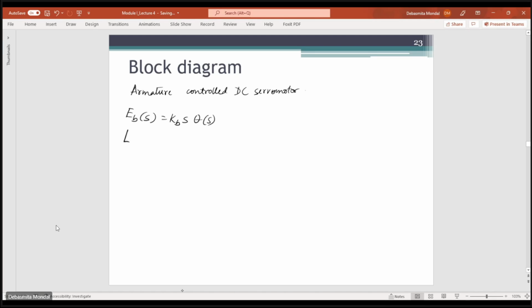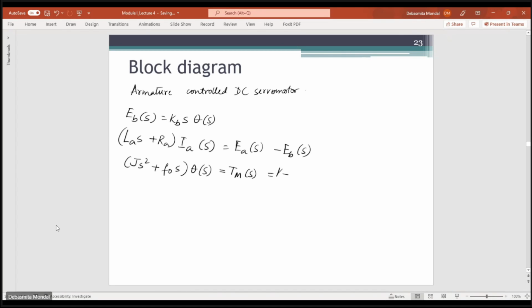The second one was... and G(s) was equal to theta(s) by E_A(s).